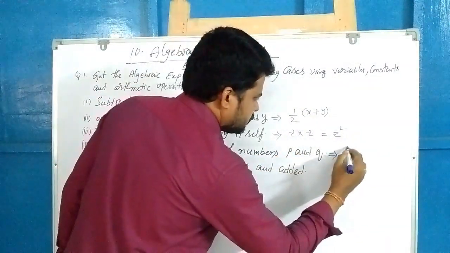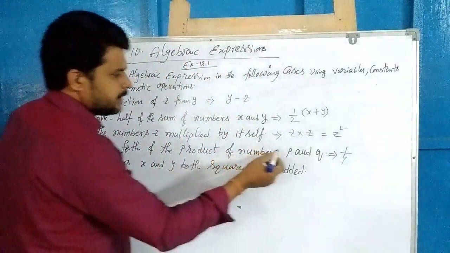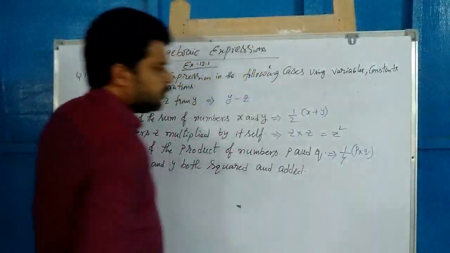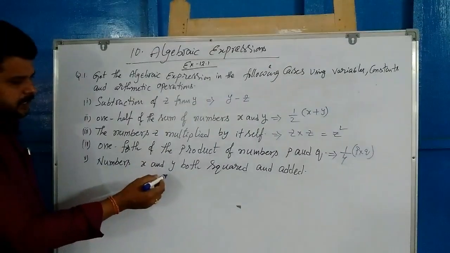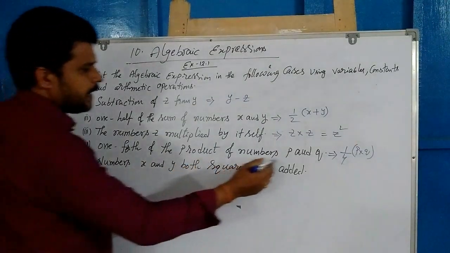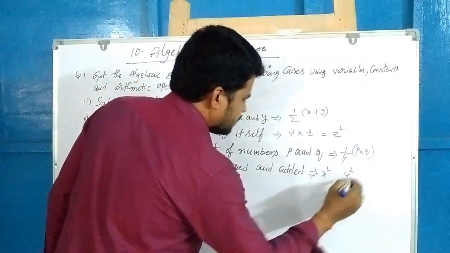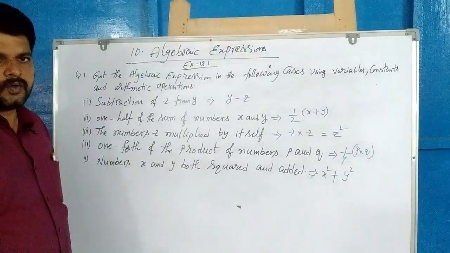Product means multiplication, so 1/4 into p into q. Fifth one, the numbers x and y both squared and added. Both squared means x square, y square, and added: x square plus y square.